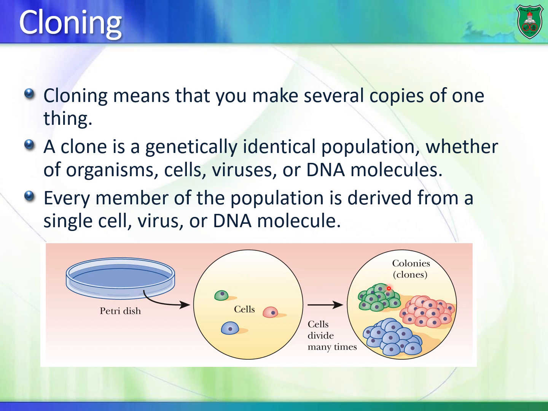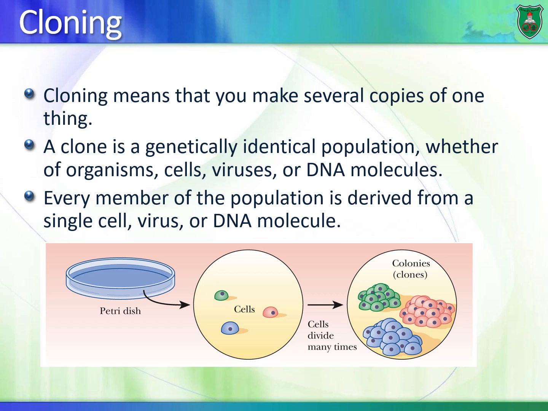Now, each colony is really a clone of each particular cell. Okay, so these cells are all identical because they have the same DNA sequence or the same molecular profile. Okay, so this is what DNA cloning or bacterial cloning means.